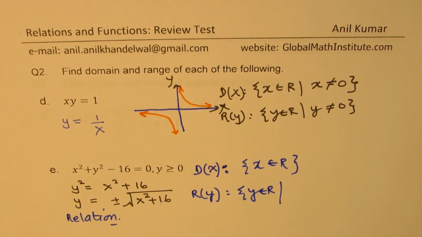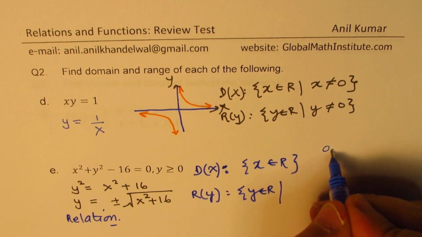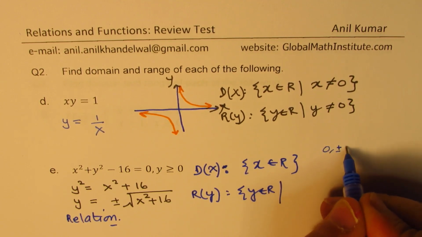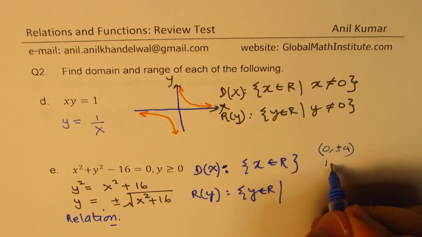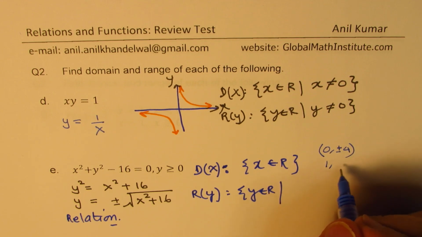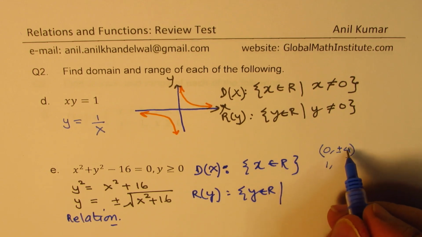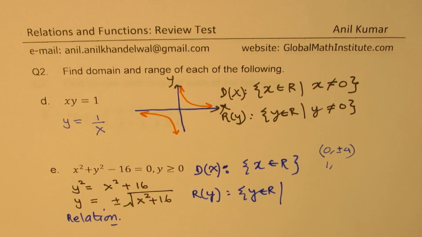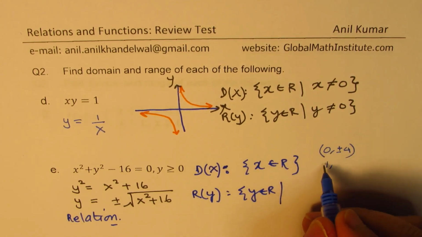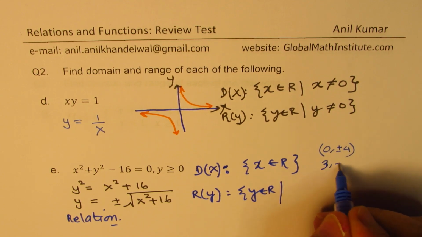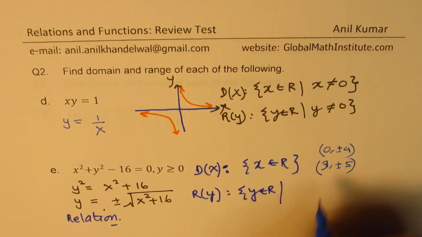So let's try to think about it. For 0 x, we get plus and minus 4. For a value 1, we get something which is more than 4, right? Which is more than 4. Let's take 3 for example. So if I write 3, we get plus minus 5.